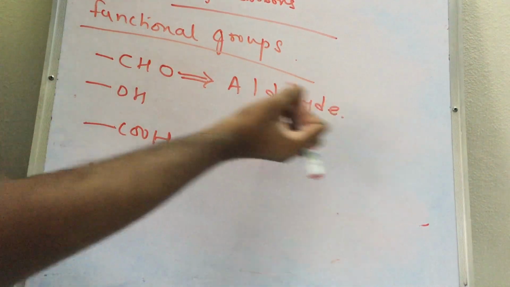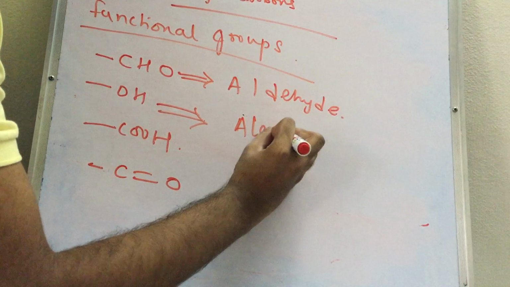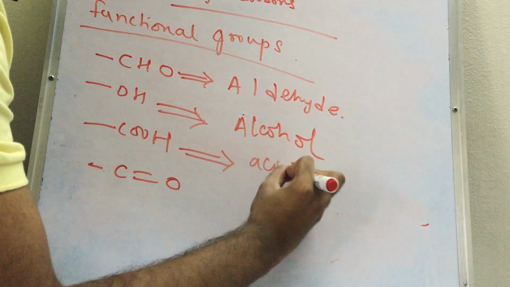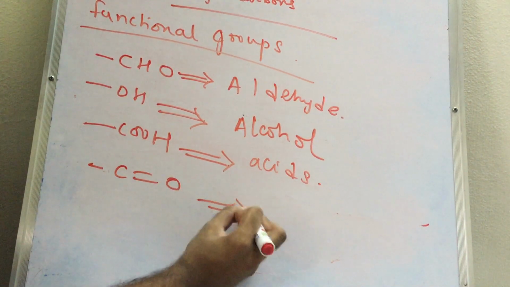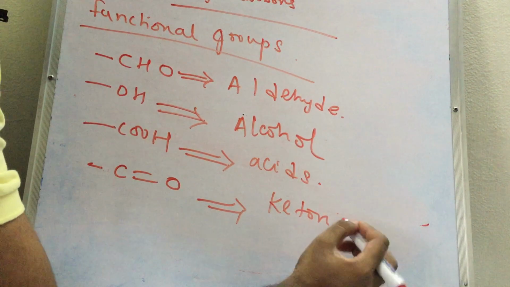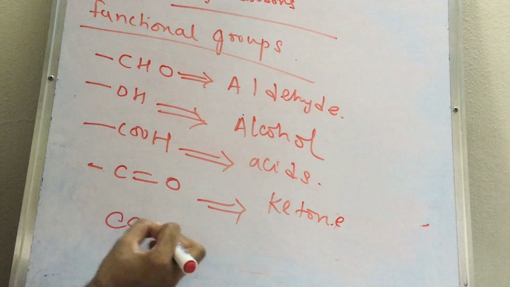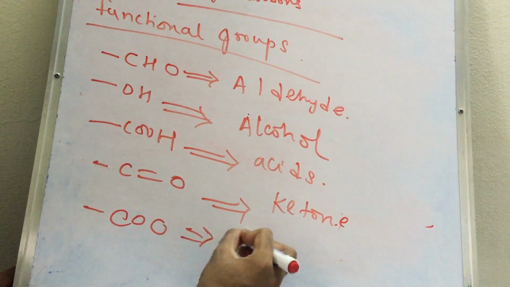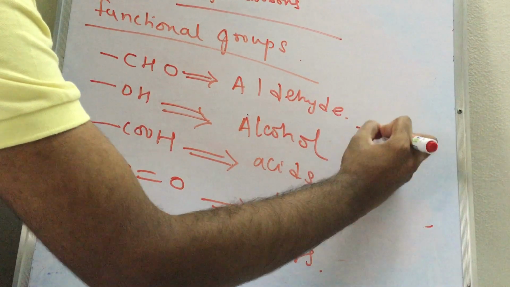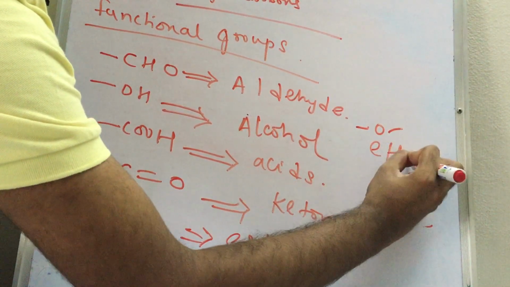This is the first functional group. Next is OH, which is an alcohol's functional group. And this is known as an acid's functional group. And this is known as a ketone's functional group. Next, COO is known as an ester's functional group. And just an oxygen linkage is known as an ether's functional group.